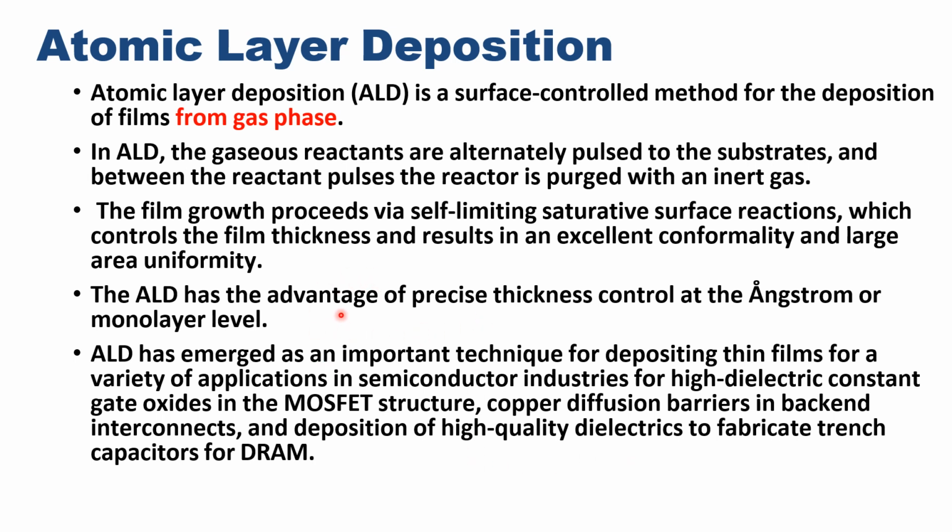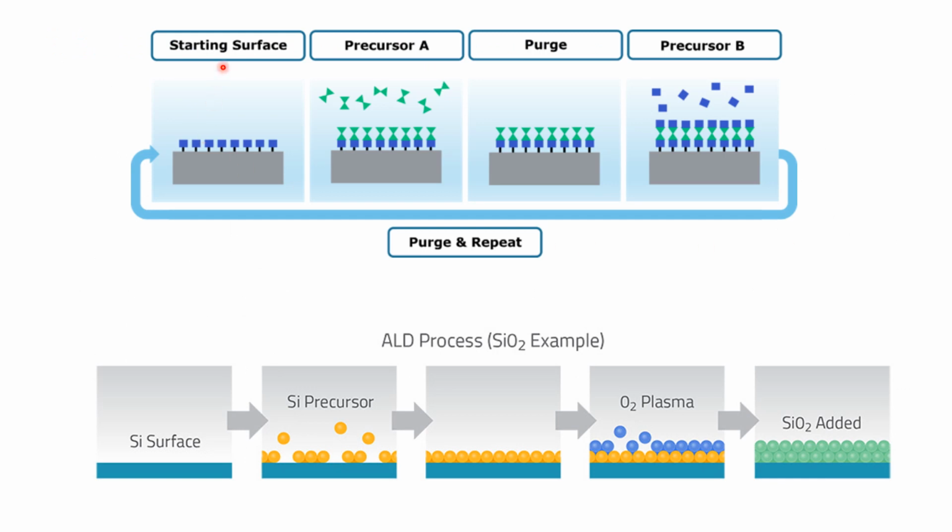So it is advantageous, and it gives very good control over the thickness, and we can even go to monolayers in atomic layer deposition. In this case we have to use an inert gas for purging, and the precursors are also gases, and we can understand using this image that a starting surface is there.